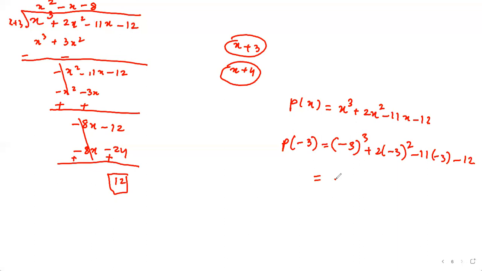This is negative 27 plus 9 times 2 is 18, minus, this becomes plus 33, and minus 12. So we take negative 27 plus 18, which is negative 9, plus 33 minus 12, which is 21, and 21 minus 9 is nothing but 12.